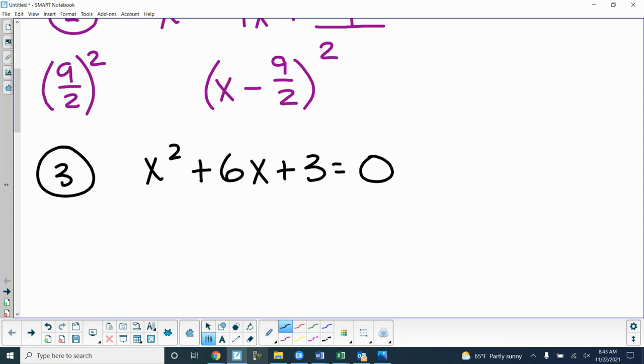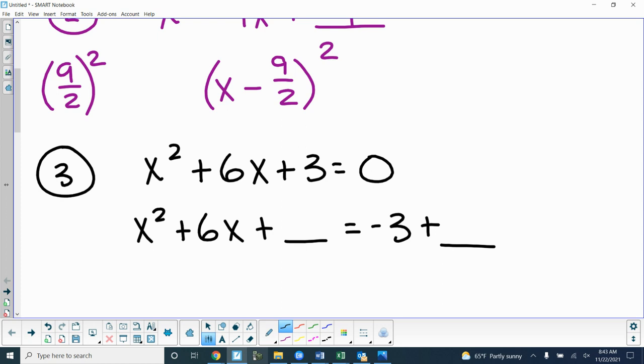Caitlin? Yeah, quadratic equations we're solving. So when we do this method again, completing the square, we keep our a and b together, our x squared and our x, add a blank, and we take the c value to the other side. How do I move it to the other side? Subtract it. So it becomes -3 on the other side.